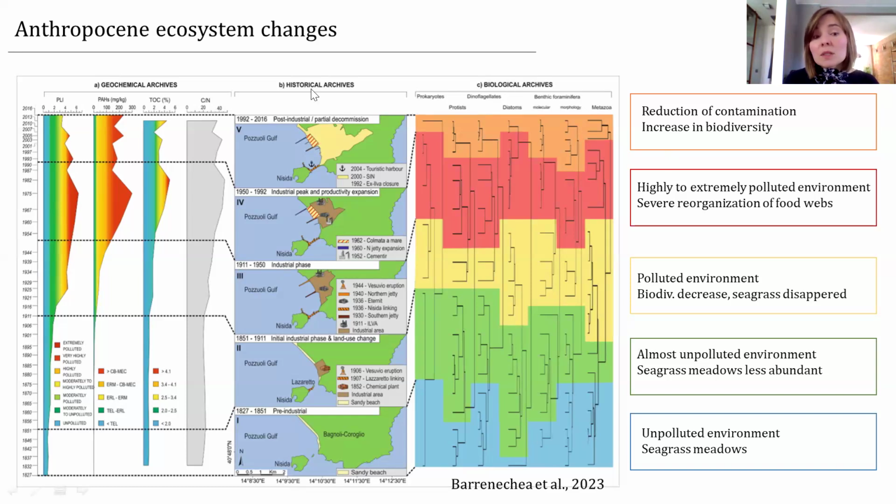Their records reach to the mid-19th century and show the clear development from an unpolluted environment to an increase in the level of pollution associated with the development of industry in the area, to an extremely polluted environment with severe reorganization of the whole communities, of the whole ecosystem, to the modern reduction of contamination and restoration of the ecosystem after actions protecting the environment were undertaken in the area.